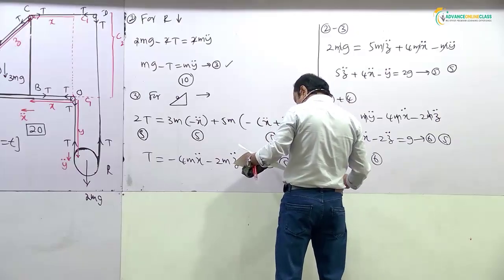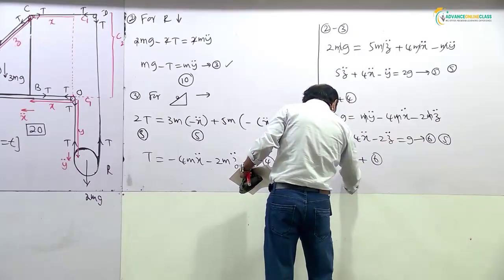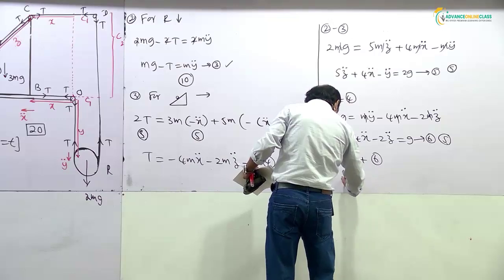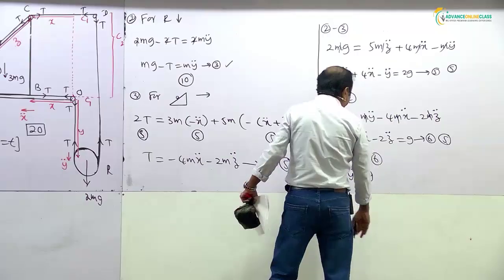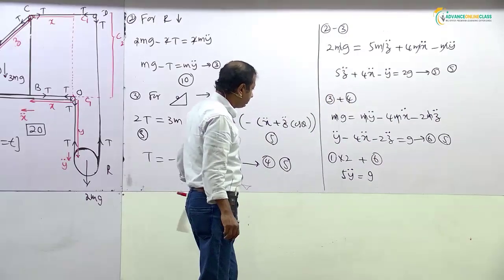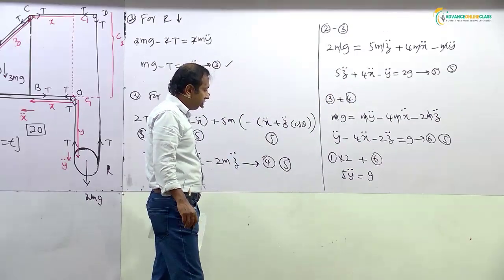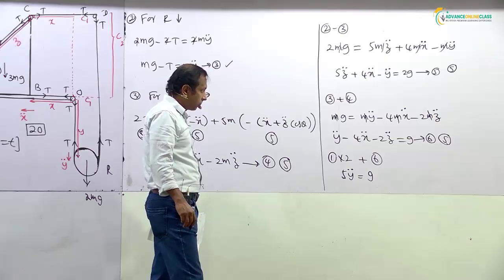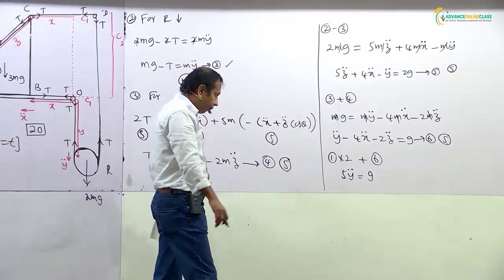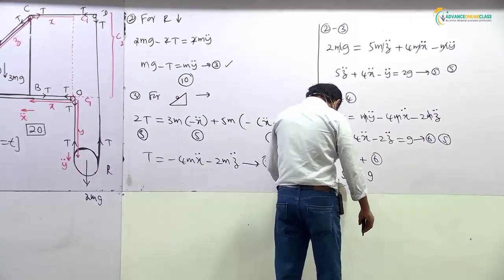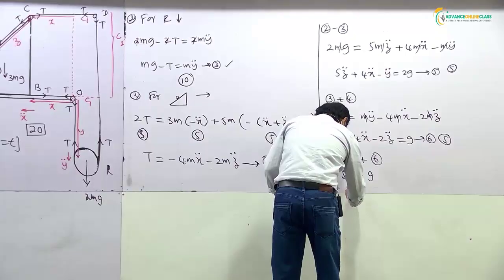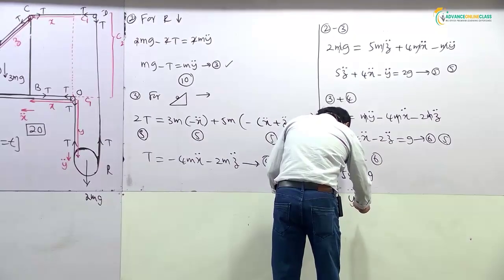Then we get 5y double dot is equal to right hand side g. And then y double dot is g by 5.